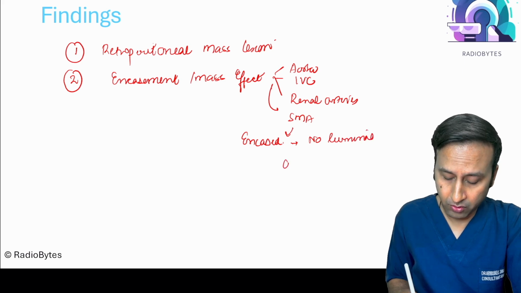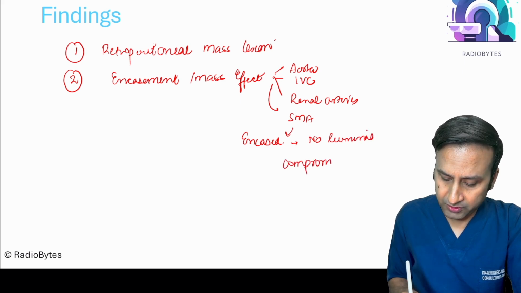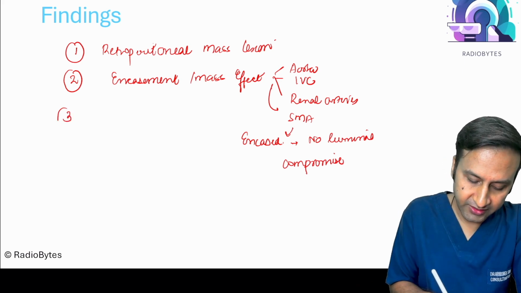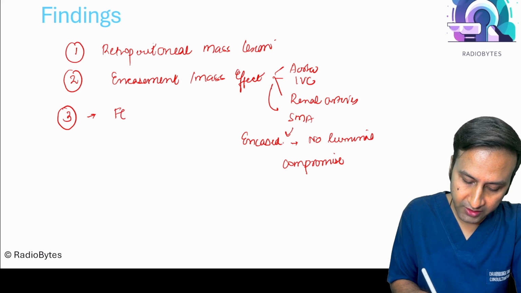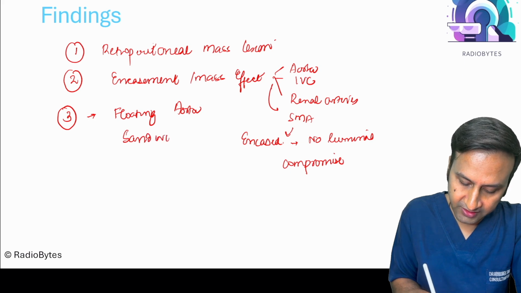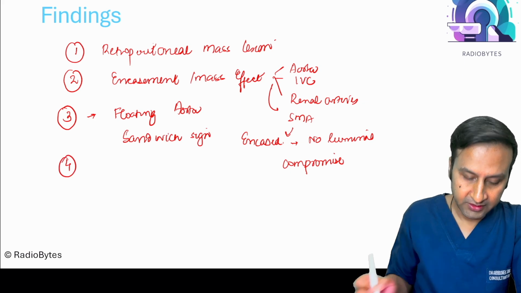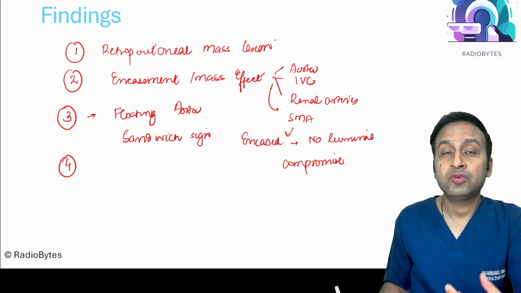No luminal compromise. Now, many a times what we do is we tend to garnish our reports by writing fancy names of signs. So you can also write the names of the signs. We have floating aorta sign, plus we also have a sandwich sign. Next important thing is some important positive findings in order to characterize the lesion.